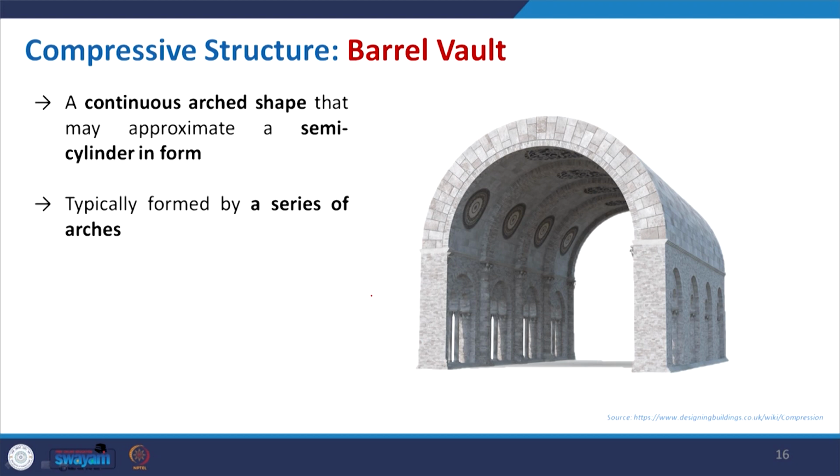Now, next to that, another kind of compressive structure is your barrel vault. In a barrel vault, normally you can say this is a stretched arch form. Previously we have seen that the arch is a compressive structure.